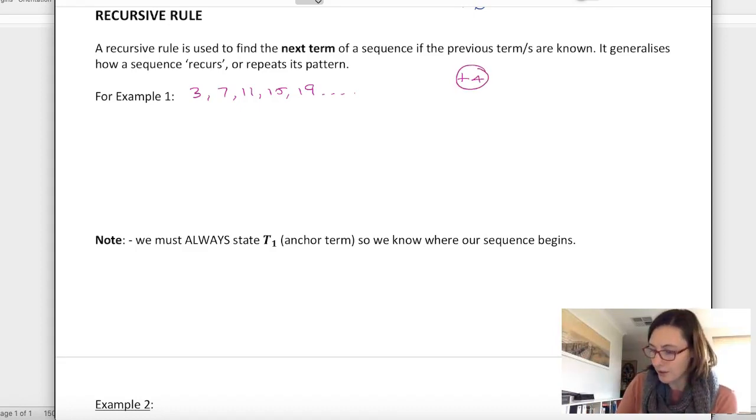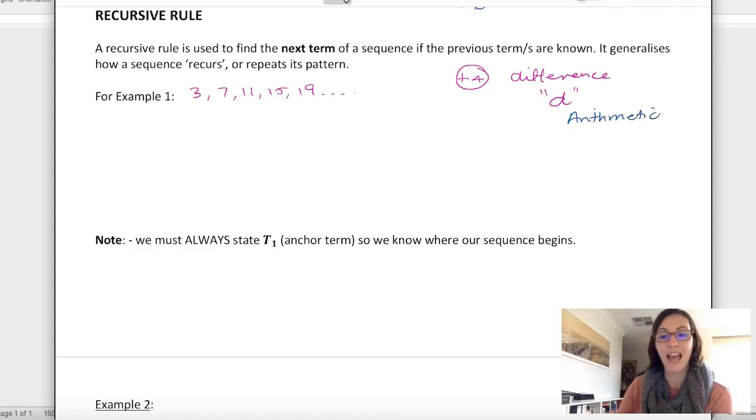So I'm going to call this the difference pattern, and it reminds me very much of a linear pattern, the difference. And I'm going to give it the letter D just to define it a little bit better. And the nice thing about this pattern is we call it an arithmetic pattern or an arithmetic sequence, because we seem to be adding something on, whether it's adding 4 each time or taking 7 each time.